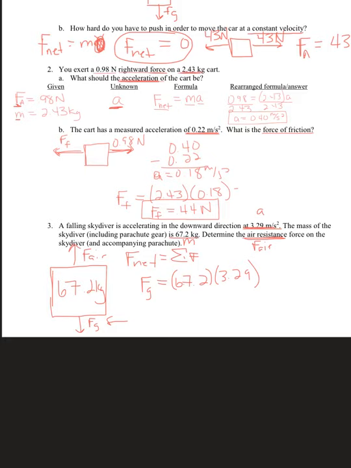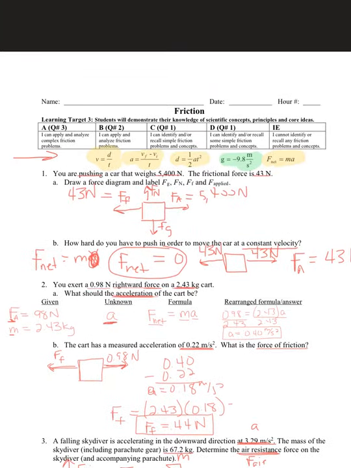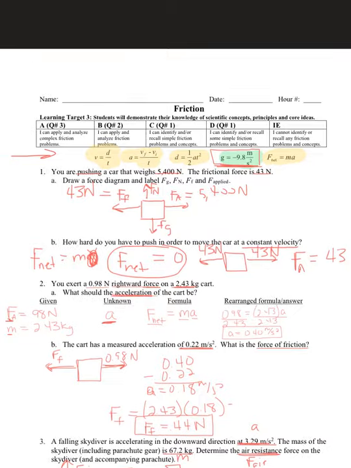But here's the problem. If an object is in free fall and is falling, it should not be falling with an acceleration of 3.29, should it? The acceleration of gravity, according to this problem, the constant, is not negative 9.8 meters per second squared.